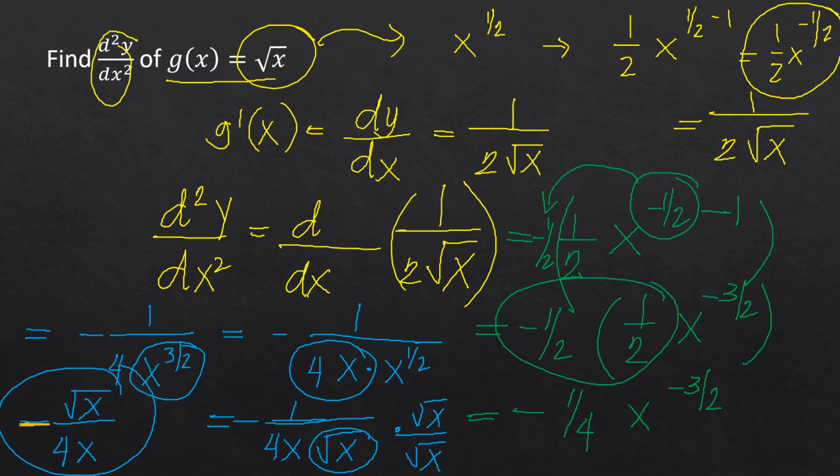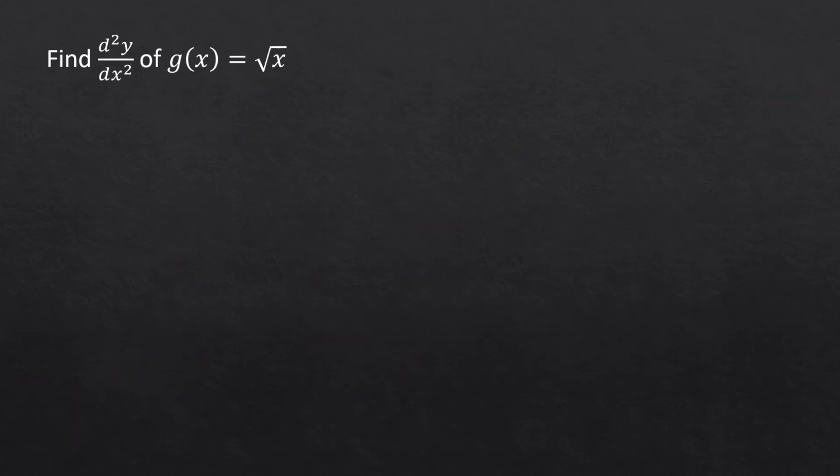Okay, so that is negative. And since here, we observe that if we try to go back, square root of x times square root of x is x. So this must be squared. Okay, so this must be 4x squared. So negative square root of x over 4x squared.